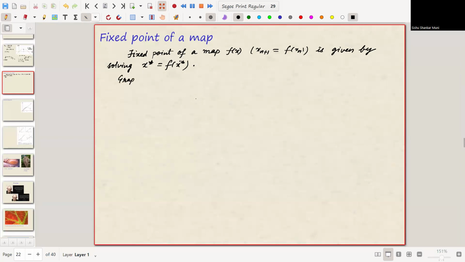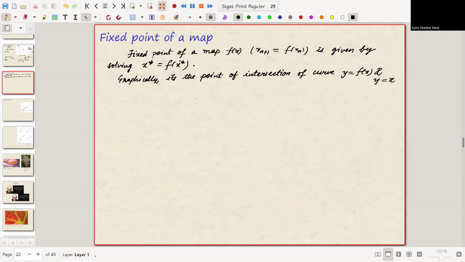Graphically, it's the point of intersection of the curve y equals f(x) and y equals x.